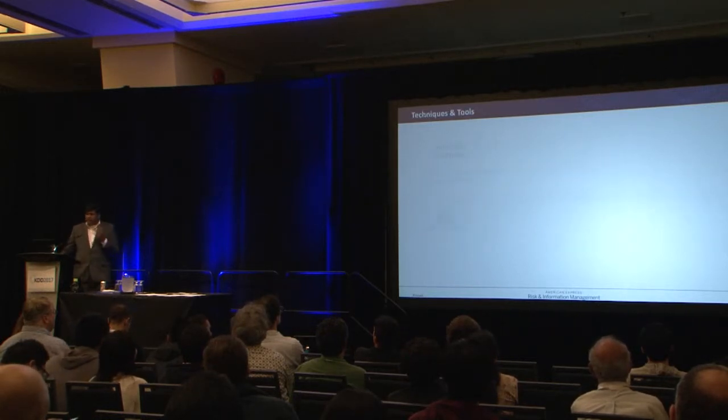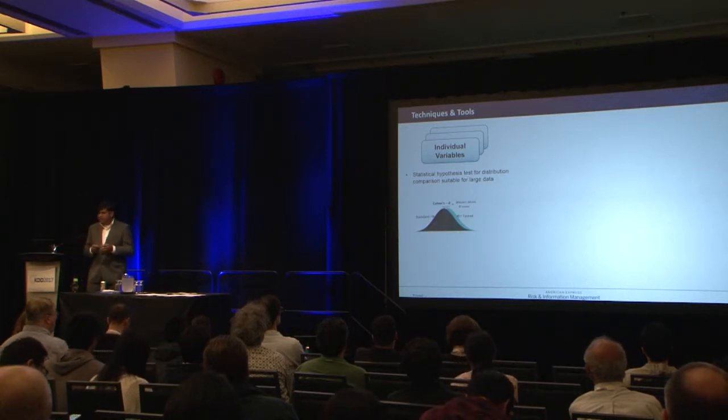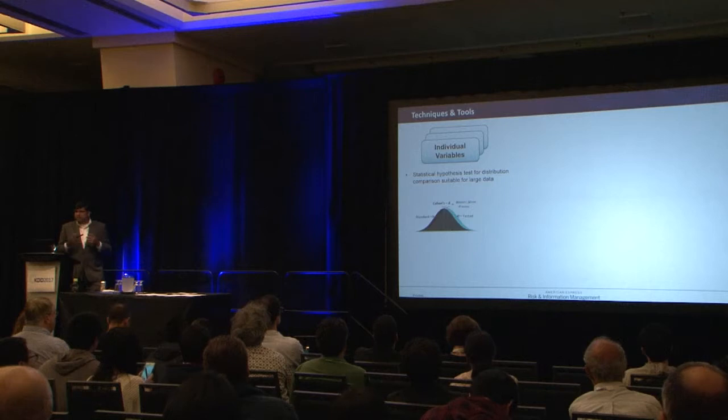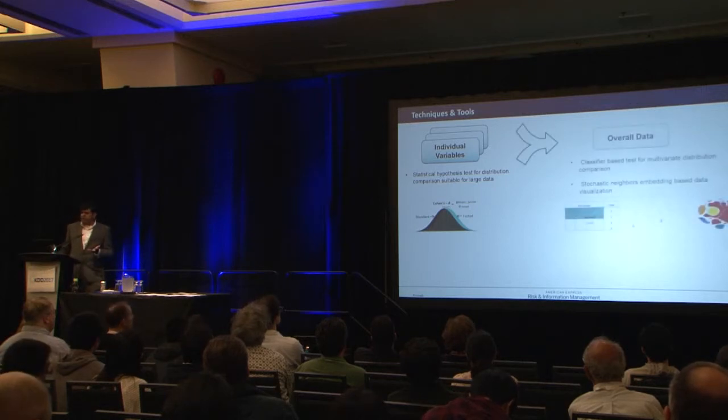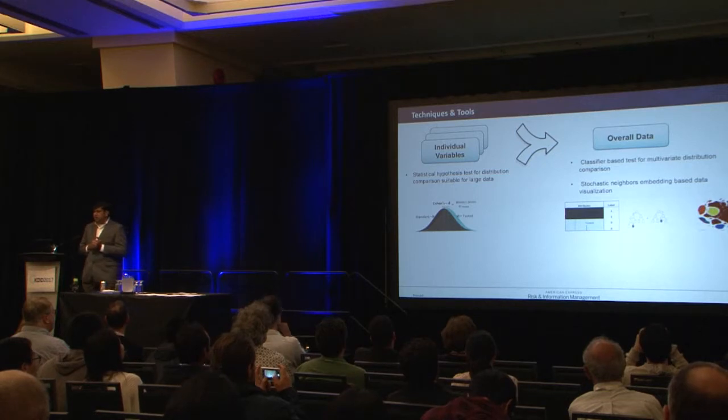Now, as far as the brain behind the whole system goes, we have leveraged some very traditional techniques like Cohen's d method to compare variable by variable distribution and the missing percentages, while for overall data comparisons we have leveraged very basic machine learning classifiers.